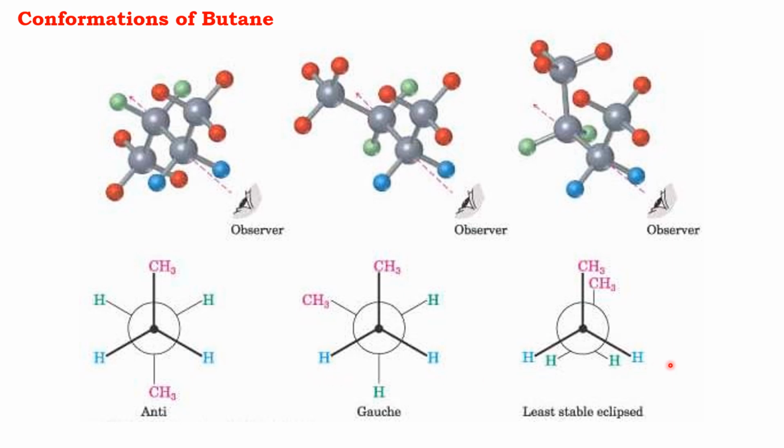Now moving to the least stable form, that is the fully eclipsed form. See here, you are observing the molecule. The C2 and C3 carbons are in the same plane, and the two methyl groups are above the plane.